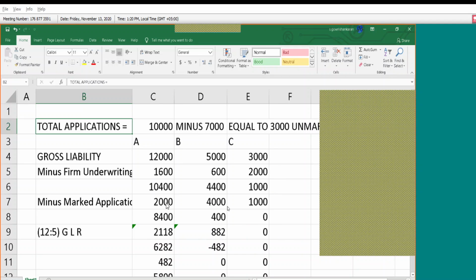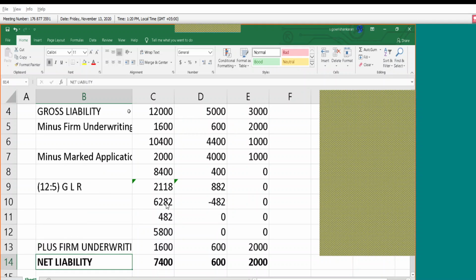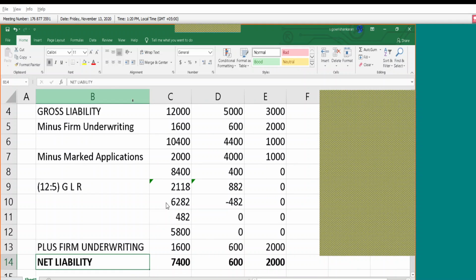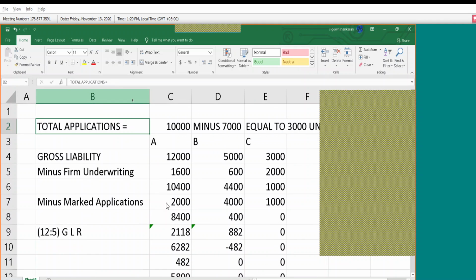Better you work out now. Please work out. Take just 1 or 2 minutes in your notebook. Complete this problem in your notebook. Please work out this problem in your notebook.